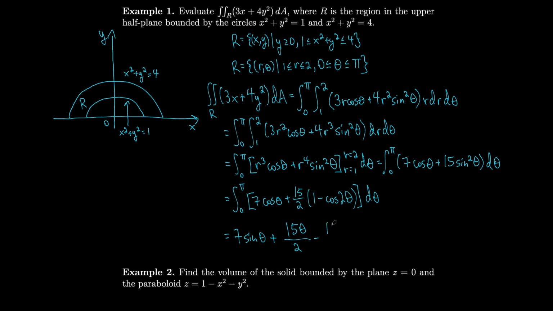And then minus 15 over 4 sine 2 theta, because the antiderivative of cosine is sine, but then we've got the 2, so quick mental substitution, just throw in a half so that when you take the derivative, the 2 would cancel. Okay, and we have to evaluate this from 0 to pi, which is 15 pi over 2.